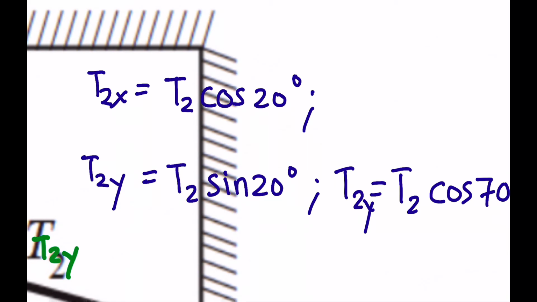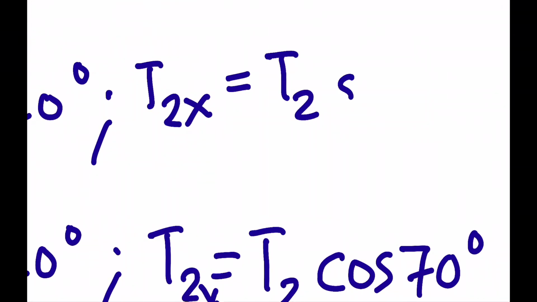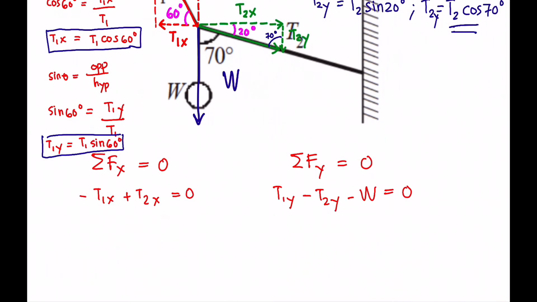So we would say that T2x is also equal to T2 sine of 70 degrees.